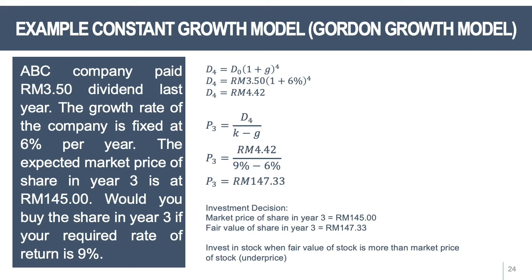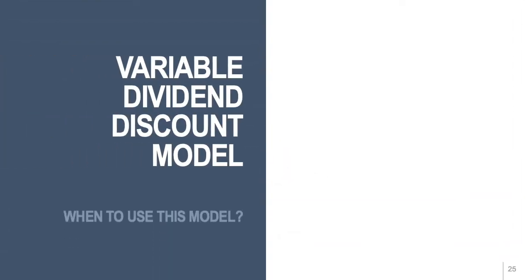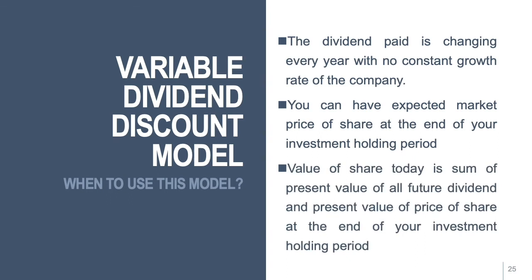The next model is the variable dividend discount model. So when to use this model? When the dividend paid is changing every year with no constant growth rate of the company. To use this model, you need a company where the dividend keeps on changing every year without any constant growth rate. The second condition, you must have the expected market price of the share at the end of your investment holding period.